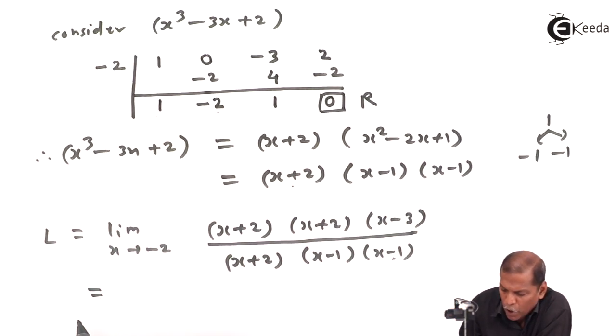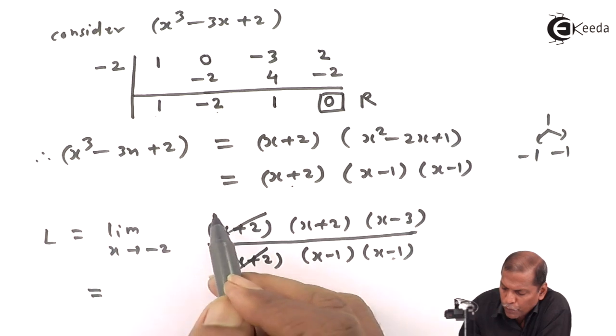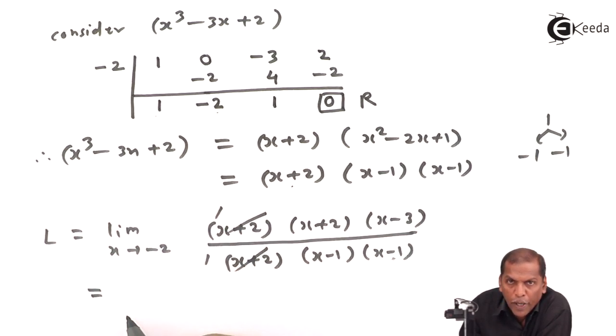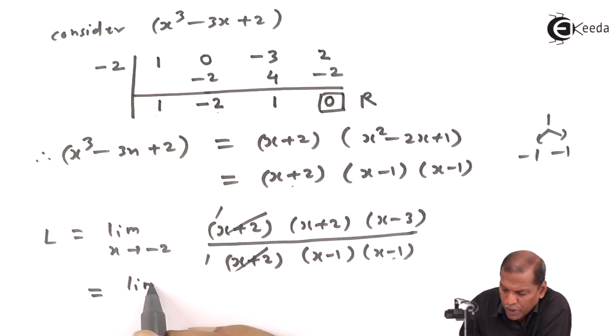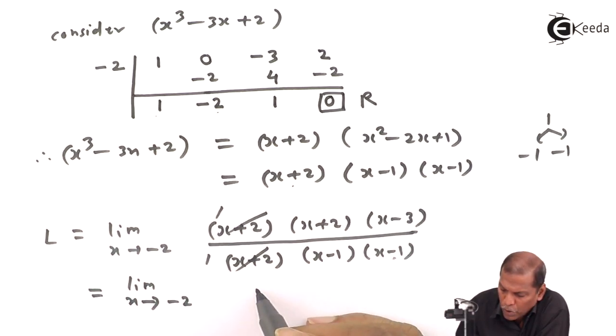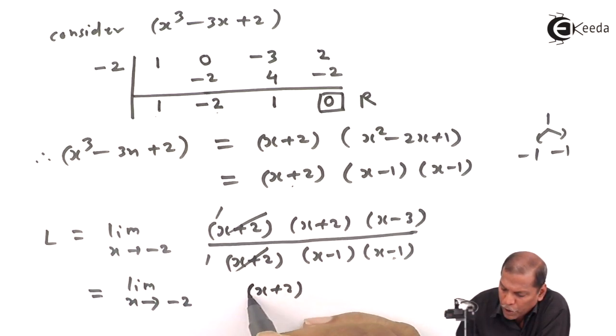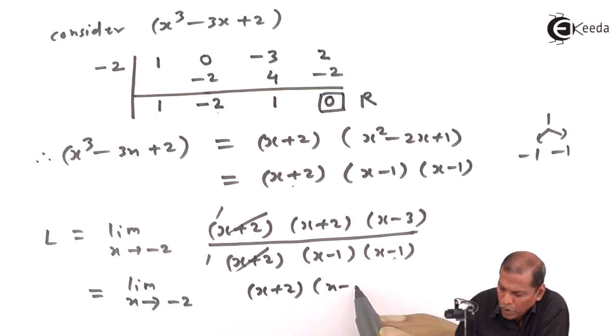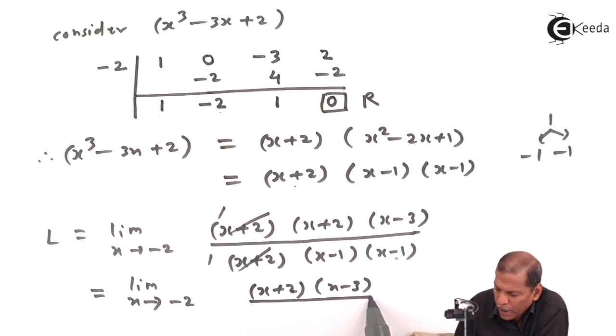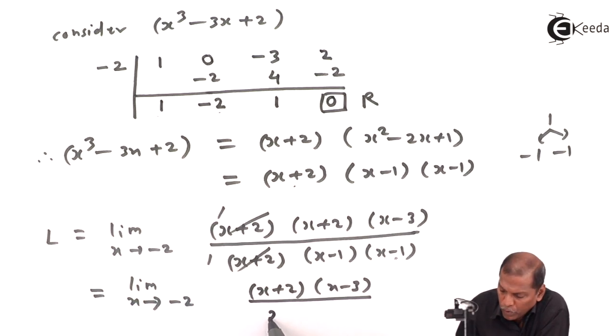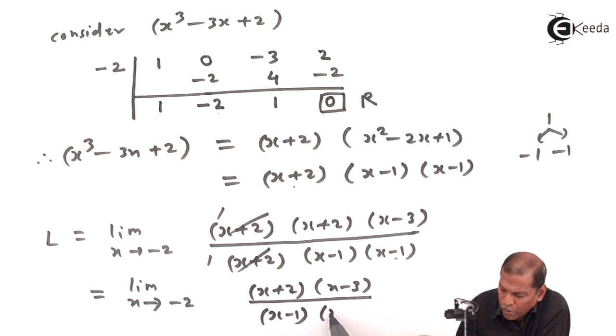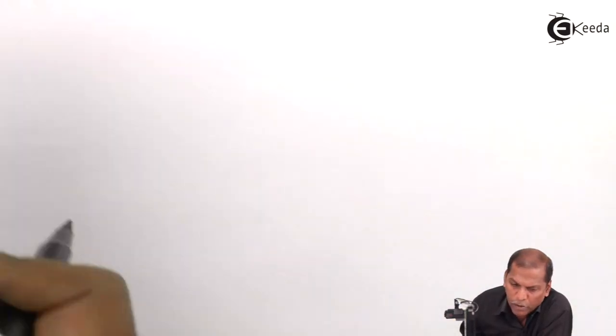Then cancelling the common factor x plus 2 from numerator and denominator, we are left with x plus 2 and x minus 3 in the numerator, and x minus 1 into x minus 1 in the denominator.